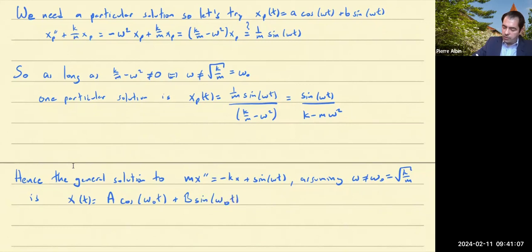So the general solution of the homogeneous equation plus our particular solution, sine of omega t divided by k minus m omega squared.